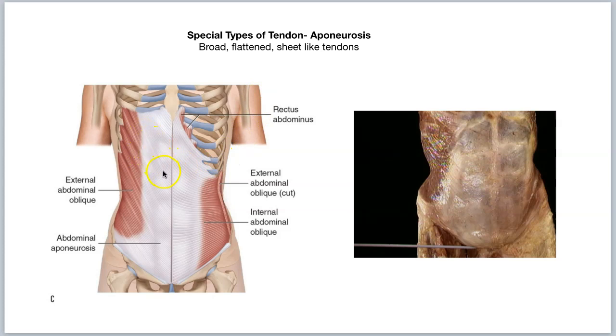And where you're going to see these mostly, the biggest ones are going to be the abdominal aponeurosis. So when we get to the abdominal muscles, you're going to be seeing this broad, flattened sheet-like tendon called aponeurosis. Here it is on the cadaver. This is strong stuff.